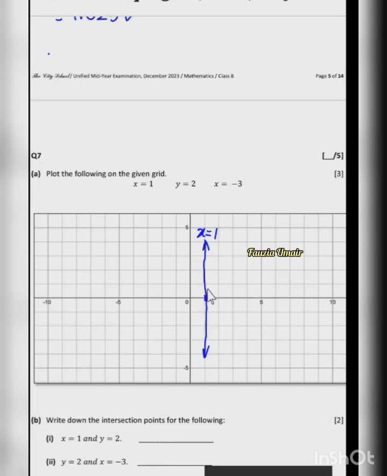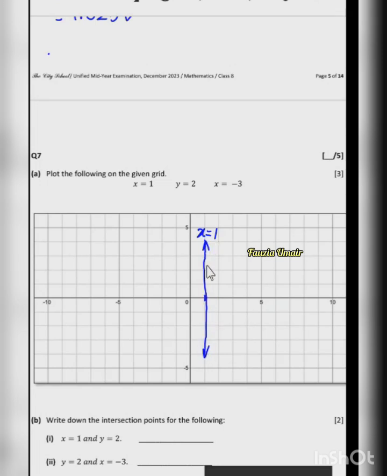So at this point, y is 1 but x is also 1, so this point is (1, 1). This is (1, 2), this is (1, 3). If I go to the negative side, this point is (1, -1), (1, -2), (1, -3). So you see that on this line, x is always 1.